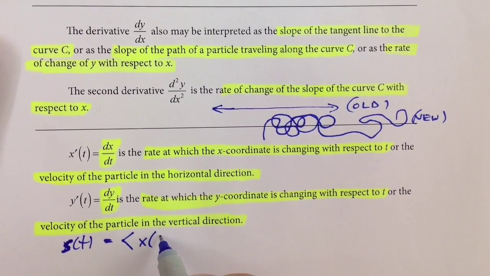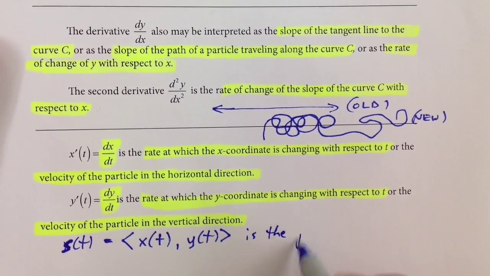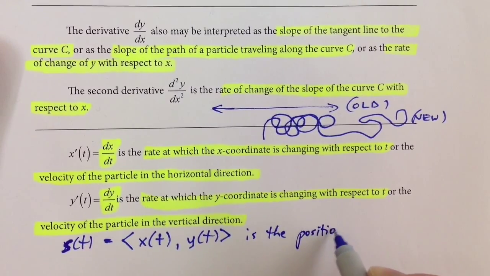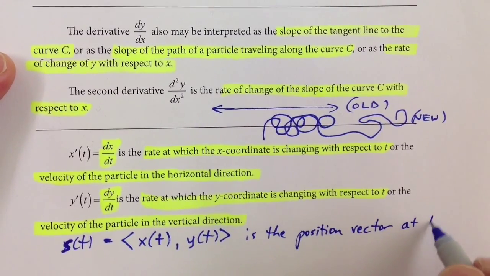So when our x and y are given parametrically, we would write our position vector as the x position at t as the x component of the vector, followed by the y component of the vector. So the position of the particle in terms of the y direction. Okay, this is called the position vector. Hope you're writing this down. Position vector at time t.